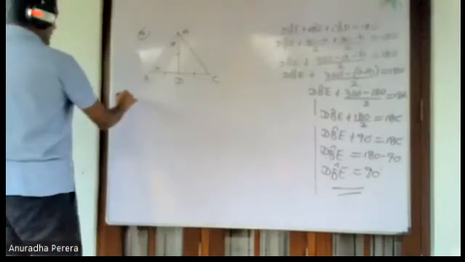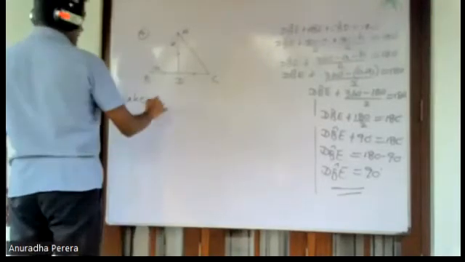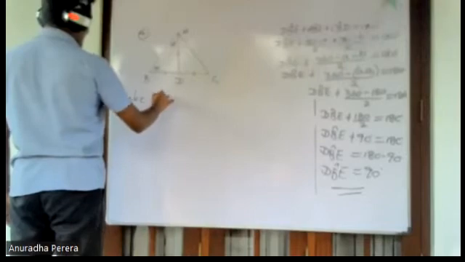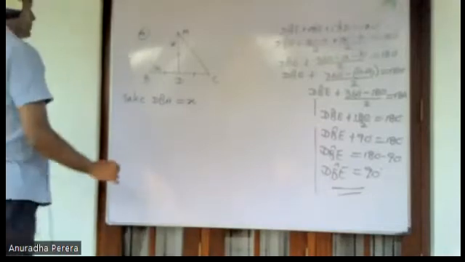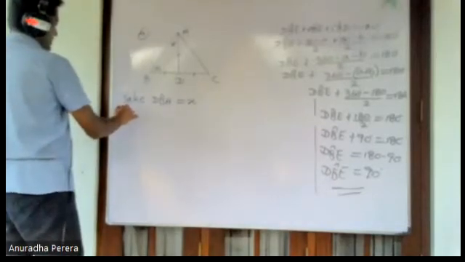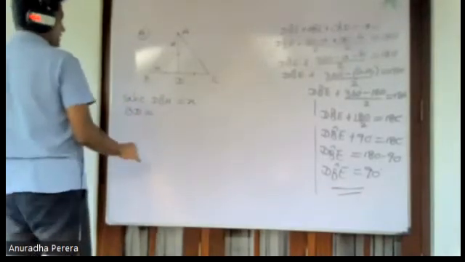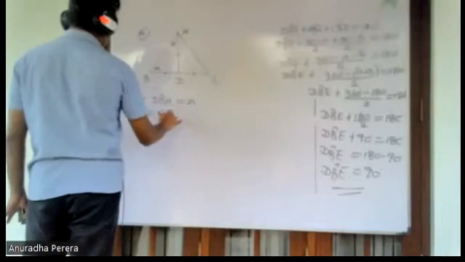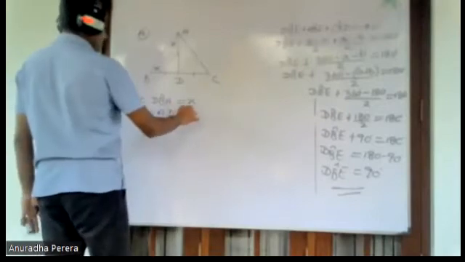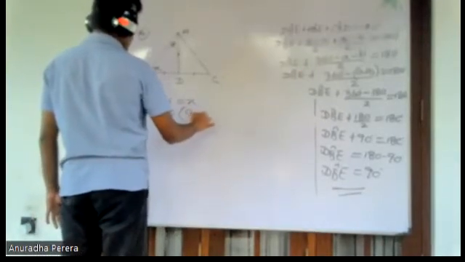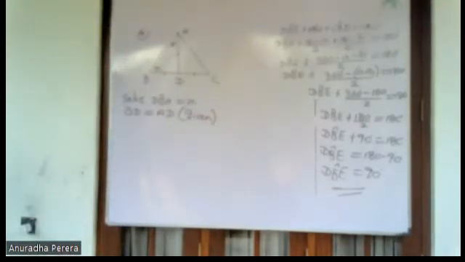Right? Take DBA equals x, right? BD equals AD, it is given.